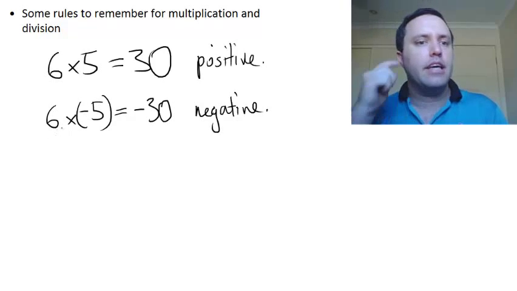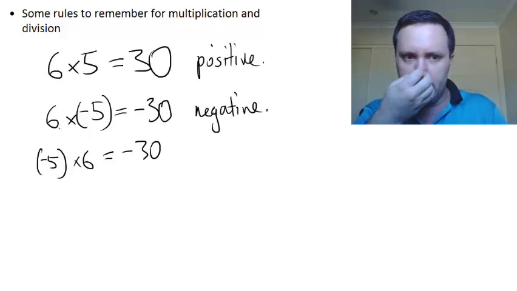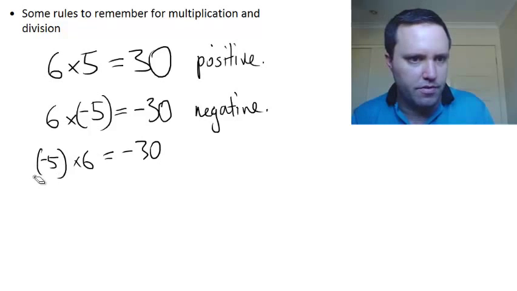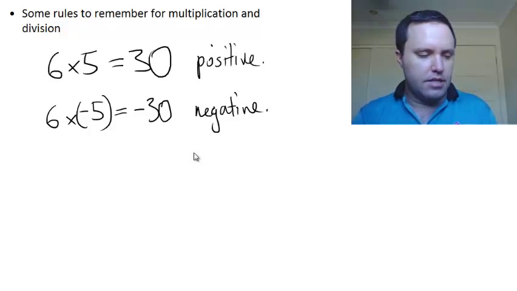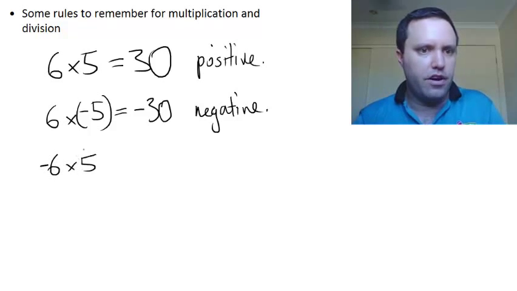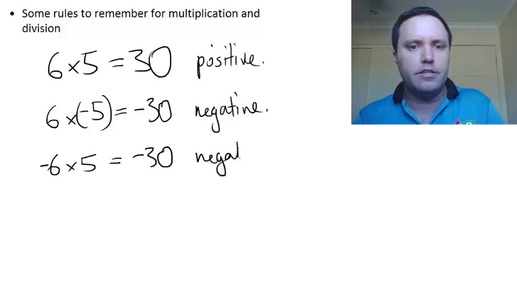Again, because of the commutative law, if I've got -6 times 5, that's a negative amount of 6 times a positive amount of 5, giving me a negative amount of 30.